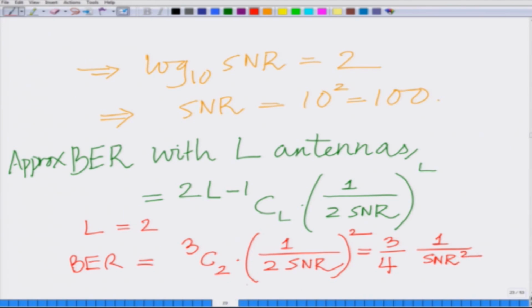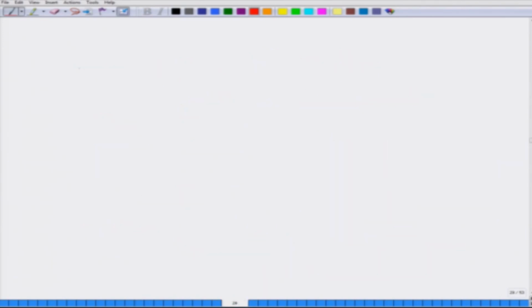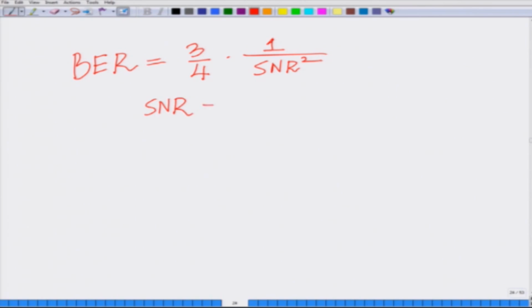And now we have already derived that SNR is equal to 20 dB means SNR is equal to 100. Therefore, bit error rate equals 3 by 4 times 1 by SNR square, but we are given that SNR is equal to 100.